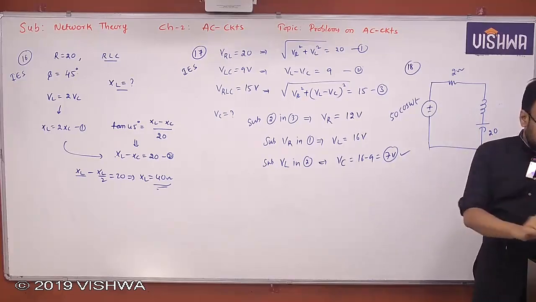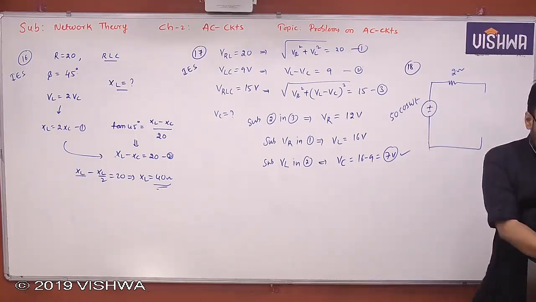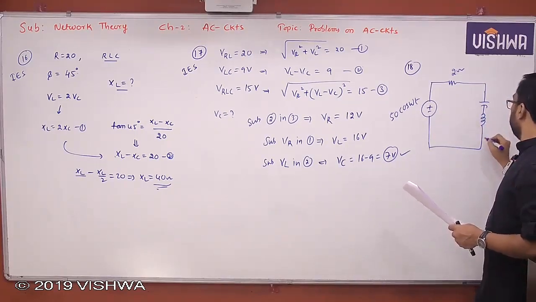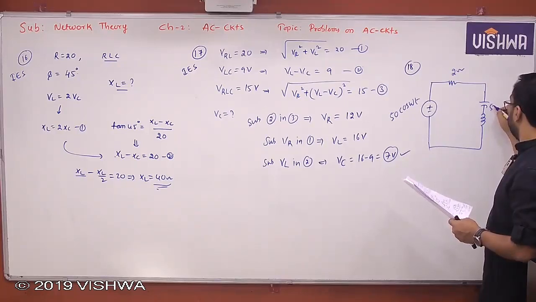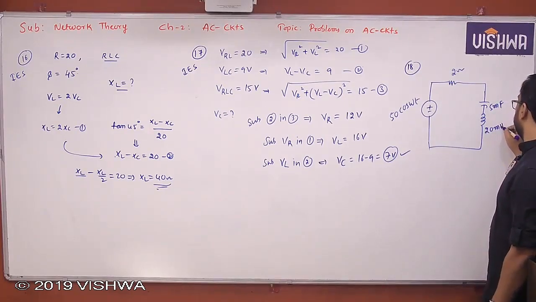The circuit was given like this. First a capacitor, then an inductor. Let me draw it again. Now 5 millifarad and 20 millihenry, and this is V0.